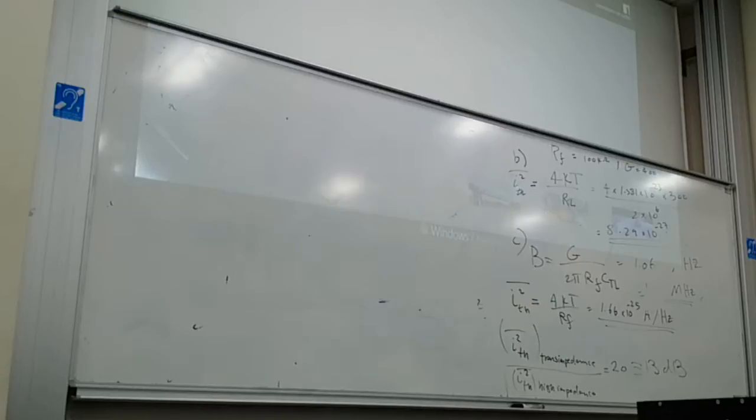So in the question they want us to determine the value of A1 that gives this error rate of 10 to the power minus 9. So what was the bit error rate according to last time?